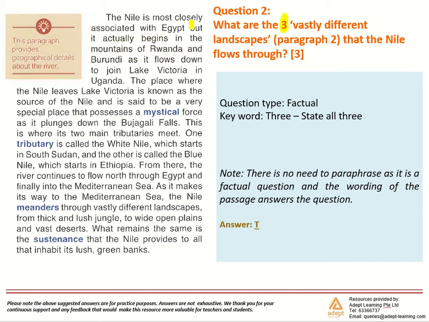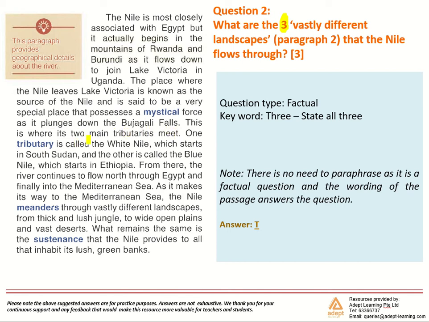The Nile is most closely associated with Egypt, but it actually begins in the mountains of Rwanda and Burundi as it flows down to join Lake Victoria in Uganda. The place where the Nile leaves Lake Victoria force as it plunges down the Bujagali Falls.